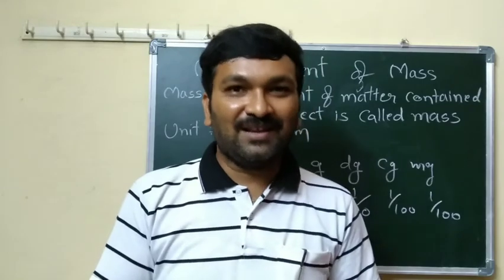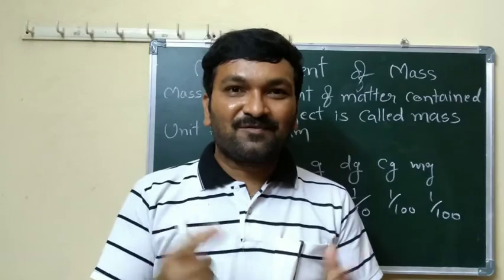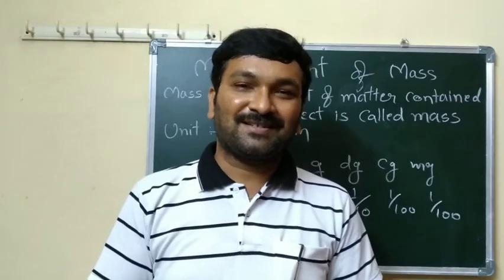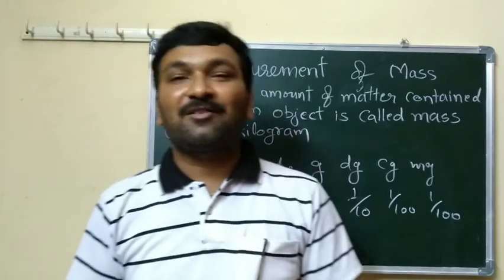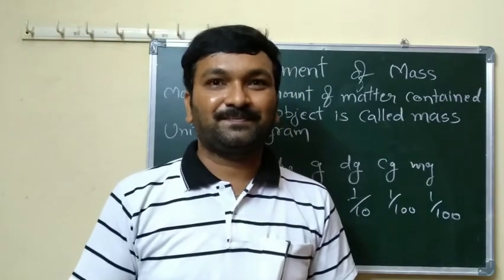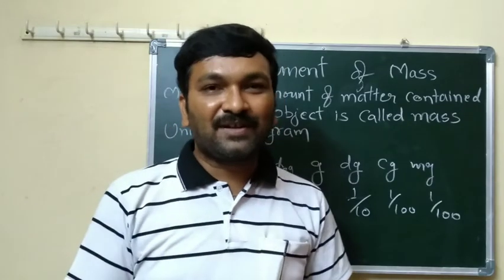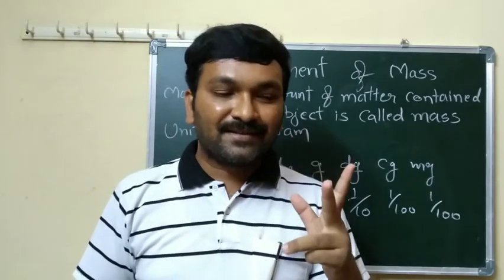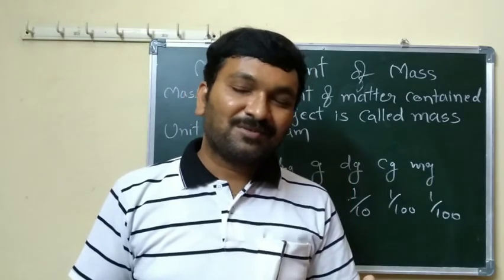What is the name for that? Everybody must say the answer for these two questions. So this is the measurement of mass. Got an idea? Two questions are given for you: 100 kgs is called dash, 1000 kgs is also equal to dash.